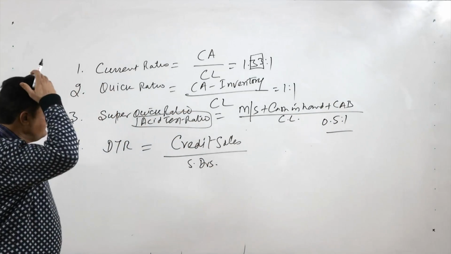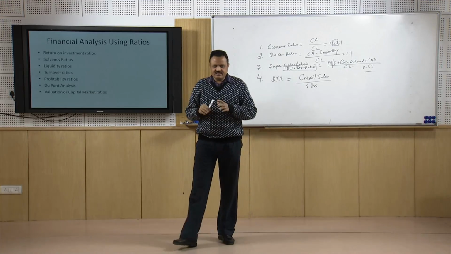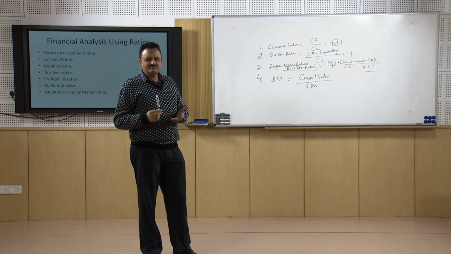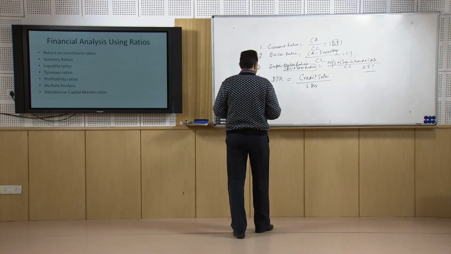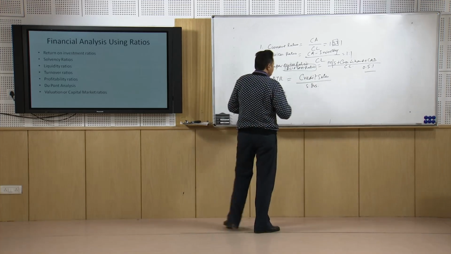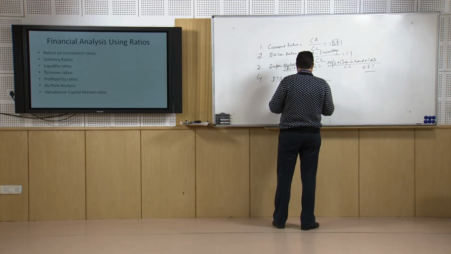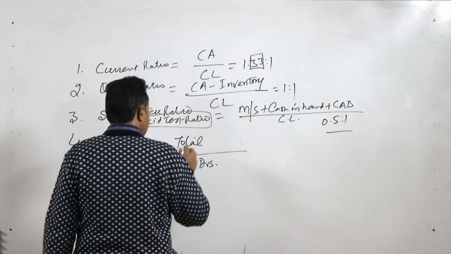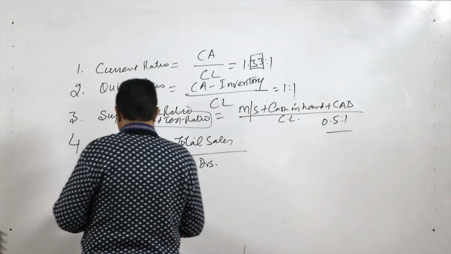But normally, information about the credit sales is not available in the profit and loss account. So we remove the word credit sales and we take the total sales. But if we have the credit sales figure with us, then it is fine.